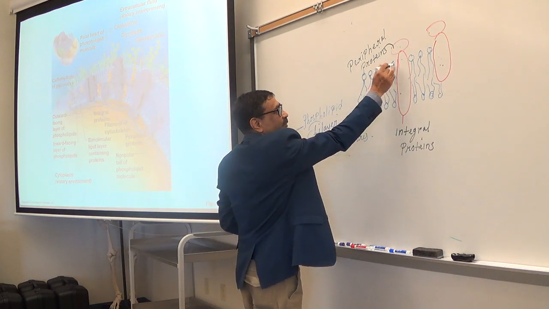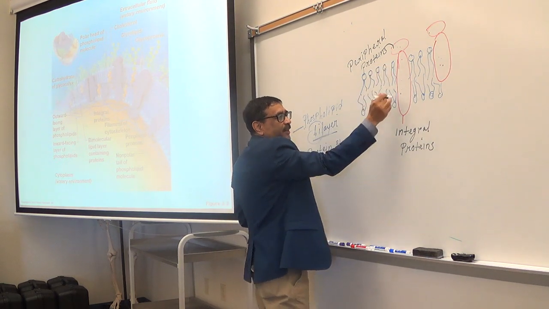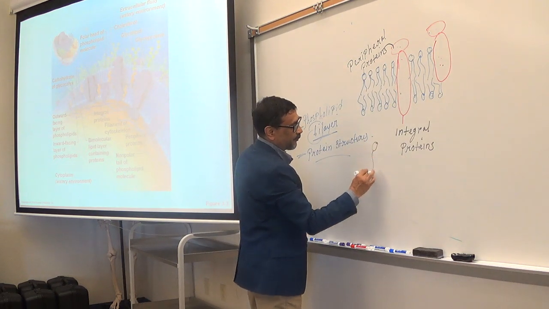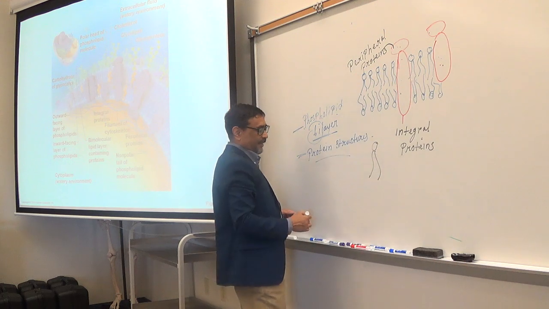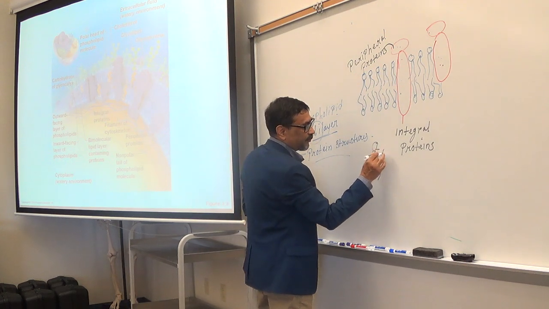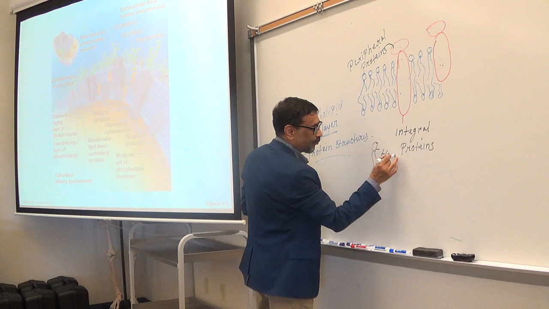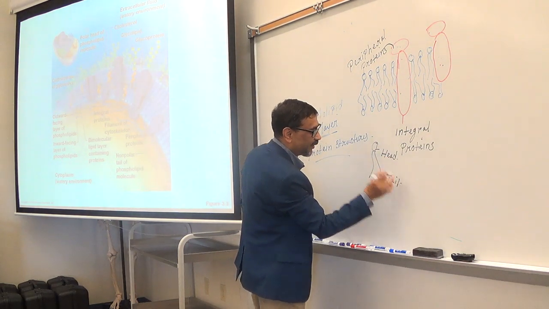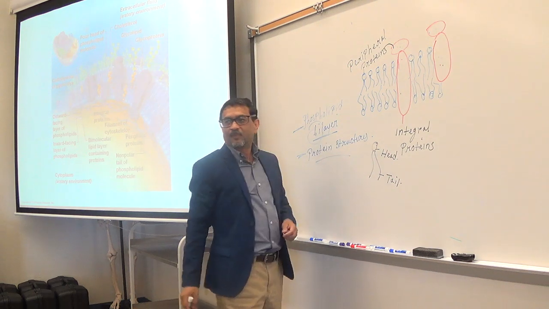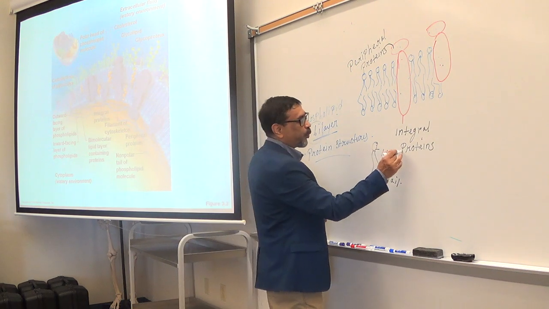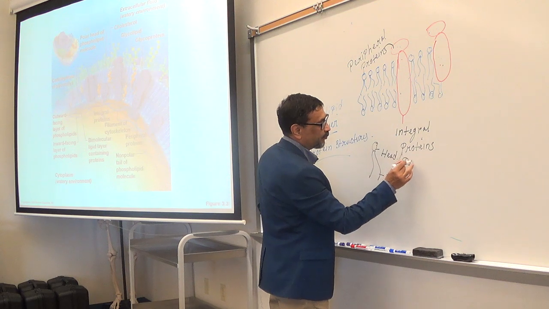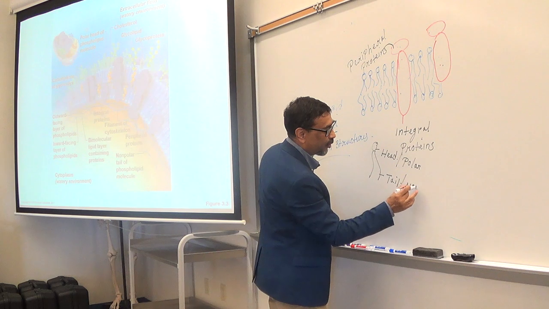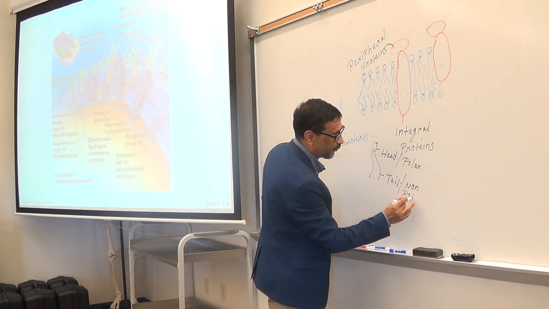Now, if you see a phospholipid unit or molecule, this is a phospholipid. It has a head part and tail part. Okay. Head part is also called polar end, and tail part is also called non-polar.